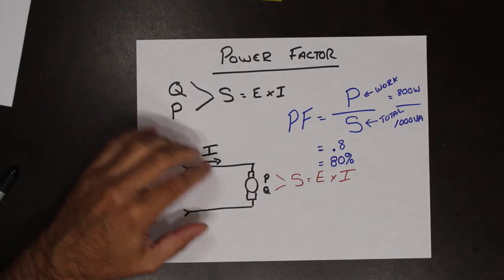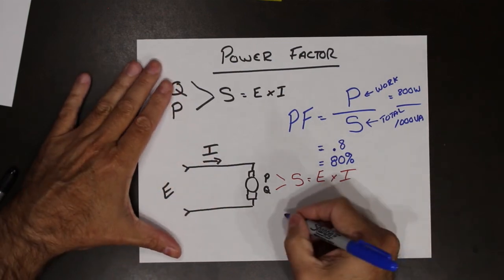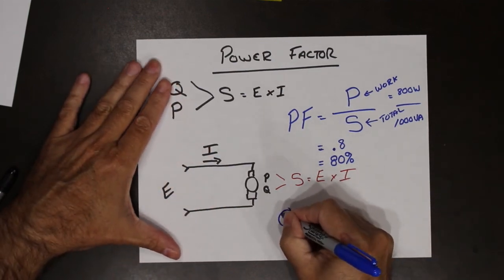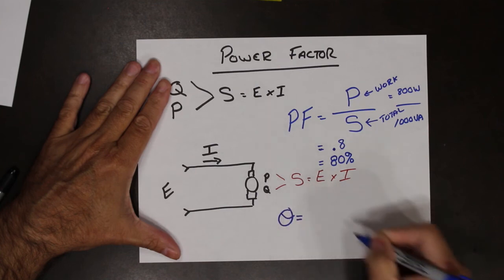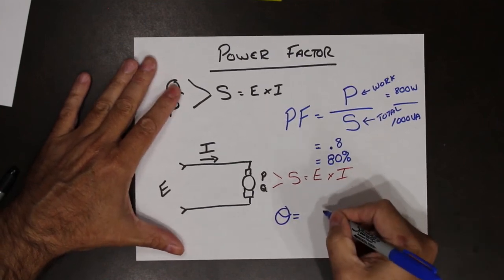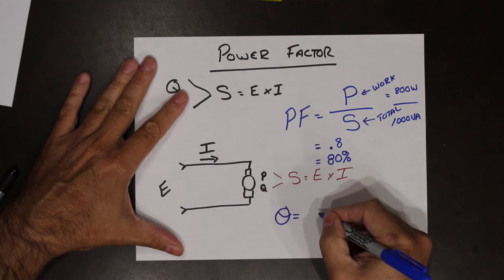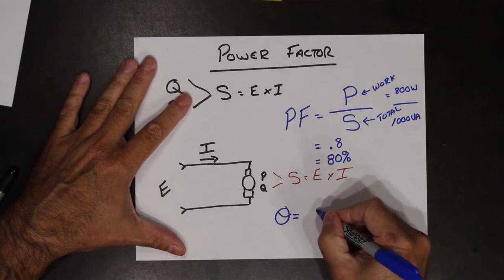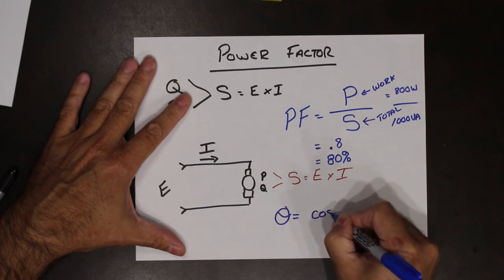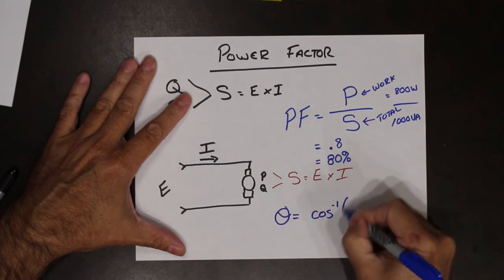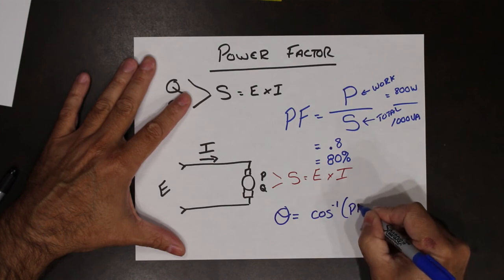So we can actually use that in calculation. The phase angle is the cosine inverse, cos^-1, of the power factor.